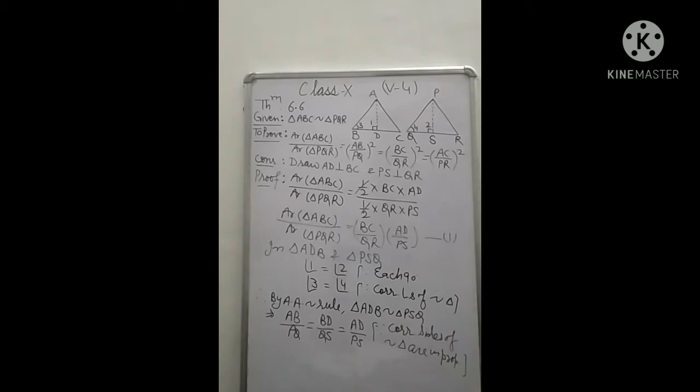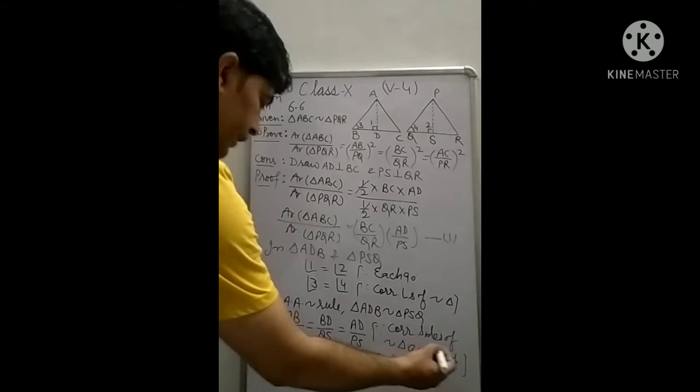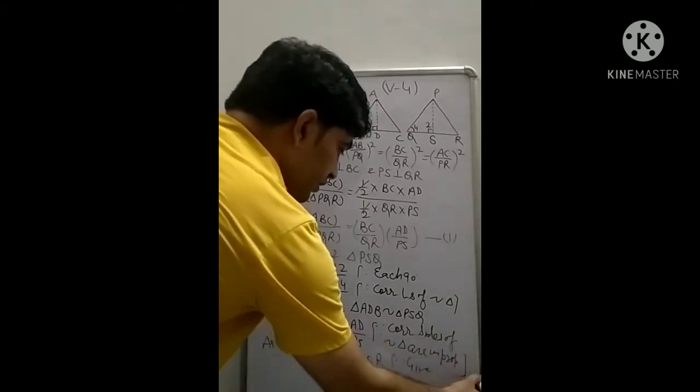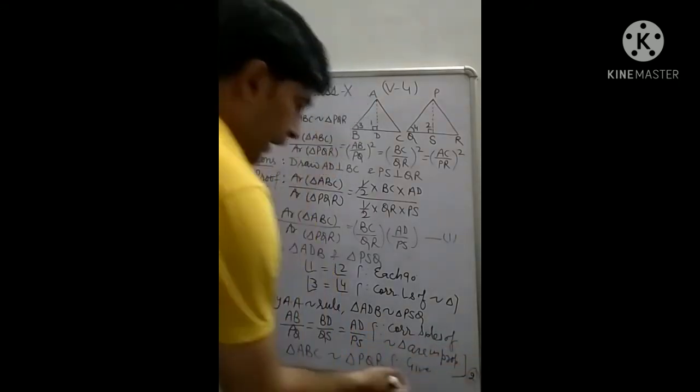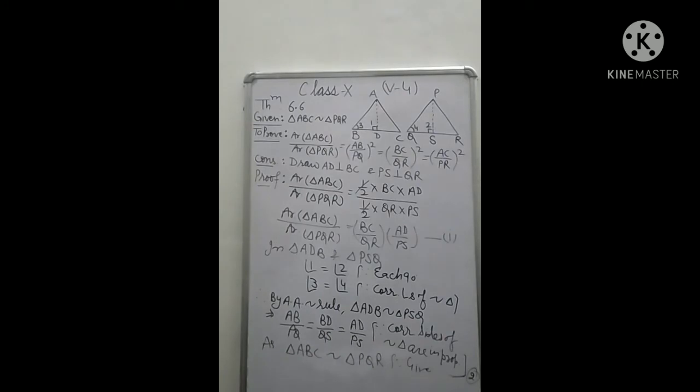Now take the bigger triangles. We have triangle ABC is similar to triangle PQR. This thing is given. Take this as equation 2. As these two triangles are already similar, their corresponding sides will be in proportion.